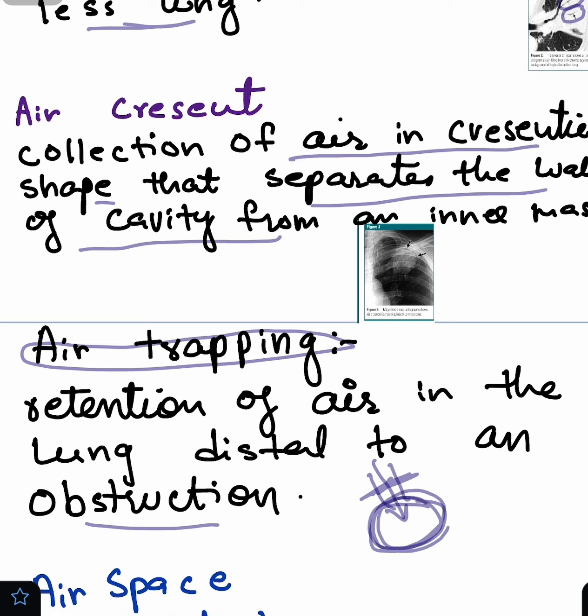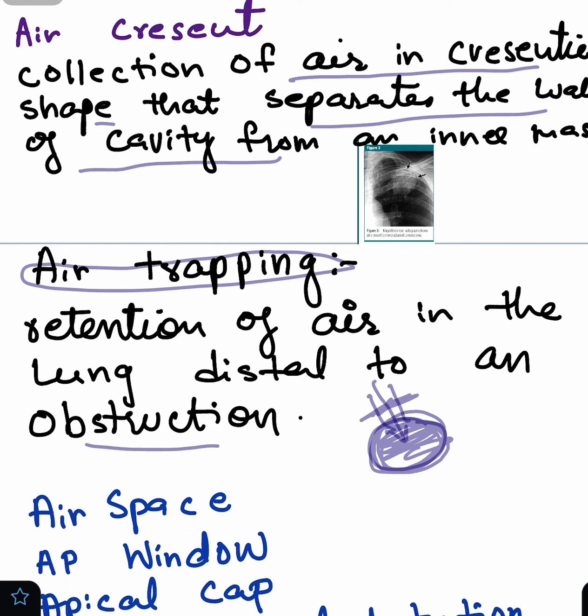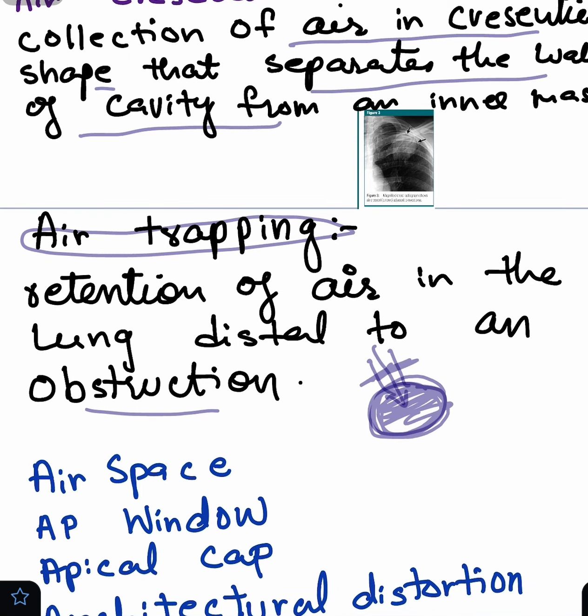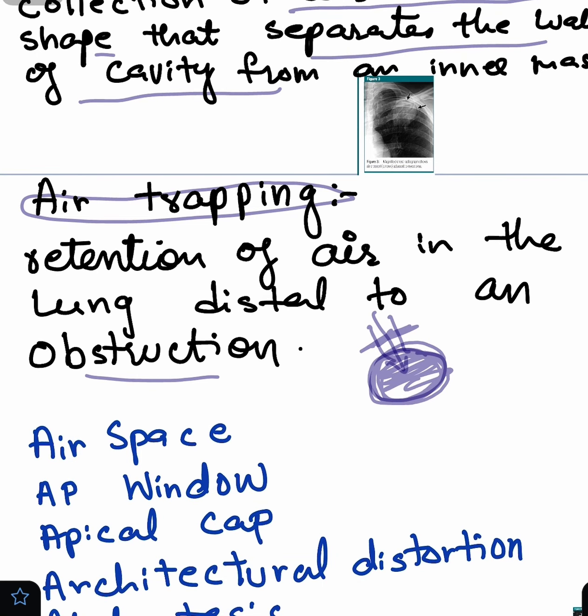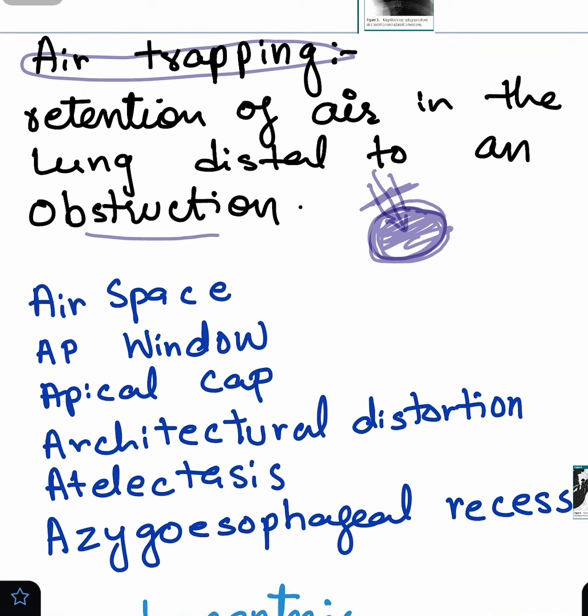Now air is retained in this part and it becomes darker. On the CT scan, it is seen on end expiration CT as parenchymal areas with less normal increase in attenuation, and lack of volume reduction.